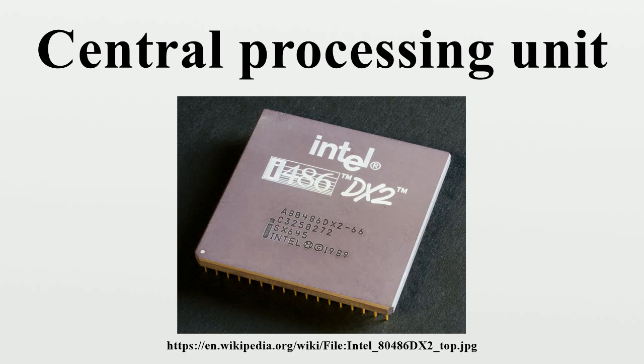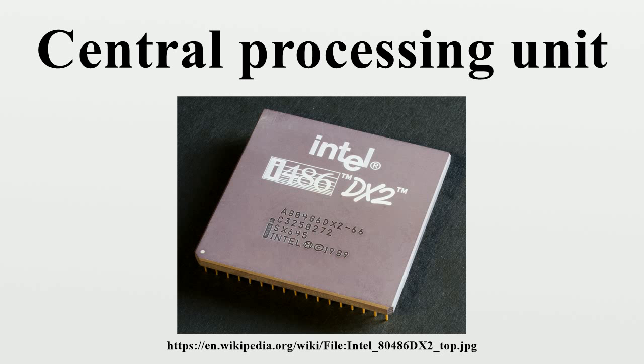By 1968, the number of ICs required to build a complete CPU had been reduced to 24 ICs of 8 different types, with each IC containing roughly 1,000 MOSFETs. In stark contrast with its SSI and MSI predecessors, the first LSI implementation of the PDP-11 contained a CPU composed of only 4 LSI integrated circuits.